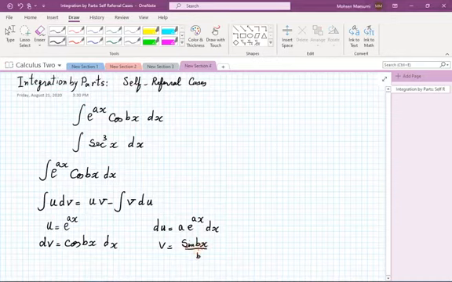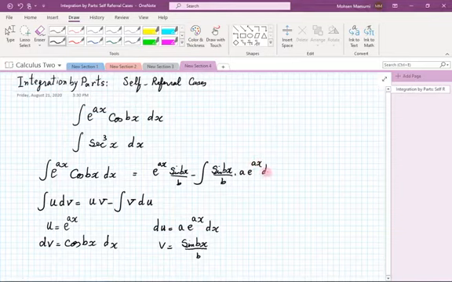With that in mind, what we have is u times v. So I'm going to have exponential of ax times v, which is sine of bx over b, then minus the integral of v, which is sine of bx over b, times du, which is a exponential of ax dx.